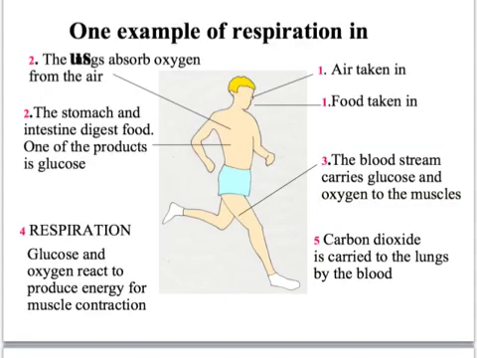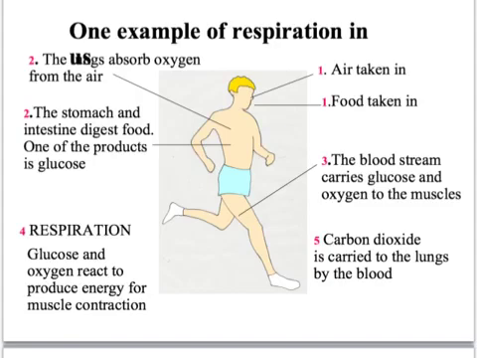If you look at this picture, it actually talks about how the digestive system, respiratory system, circulatory system, muscular system and the skeletal system are all interacting with each other. Step 1, we inhale in air, we eat food, and then the lungs absorb oxygen from the air that we inhaled, and the stomach and intestine digest the food that we ate.